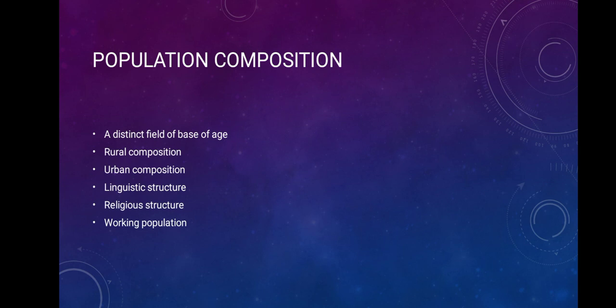The next is religious composition. In India, the people are followers of different religions, and India is a land of people who follow various religions, but still they live in India. Most of the people who live in India are Hindus.